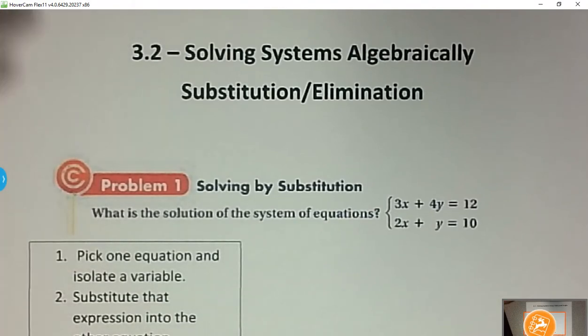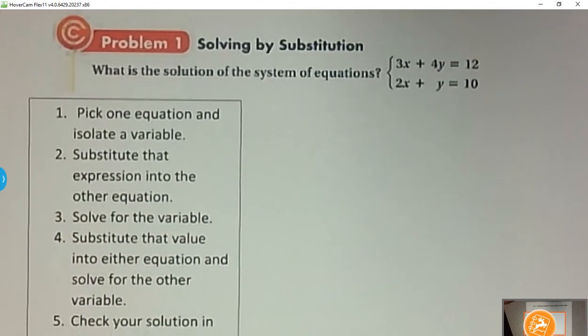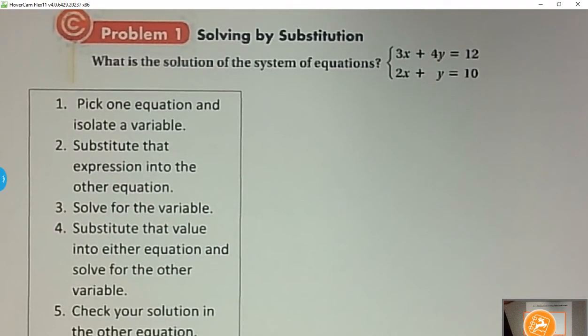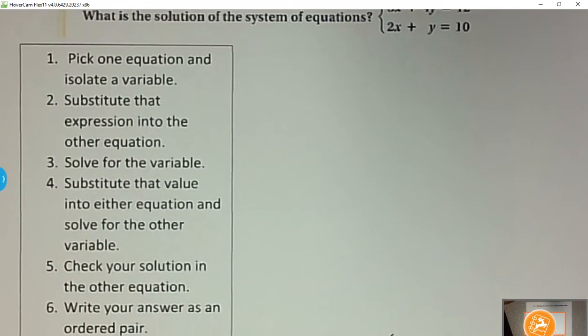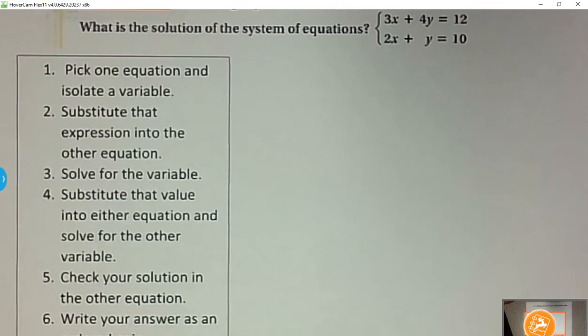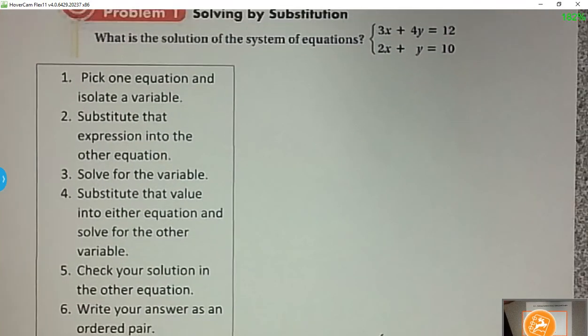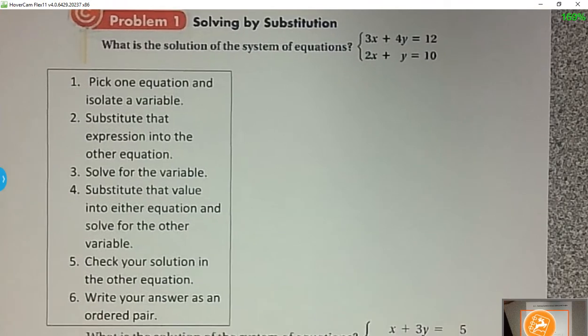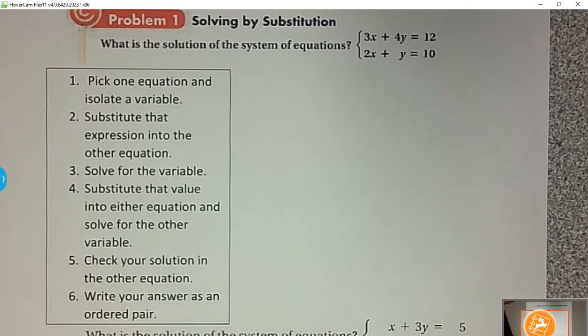So we're going to start out by substitution. Okay, and I've got your steps over here for you on the left. See if I can zoom out just a little bit so you can get it all. Okay, so the system of equations they give me, you can see those there on the right hand side. Our first step is to pick one equation and isolate a variable.